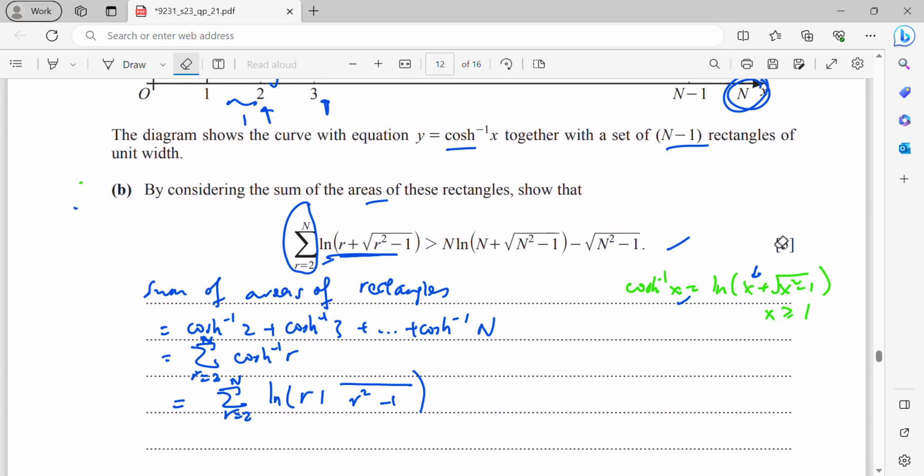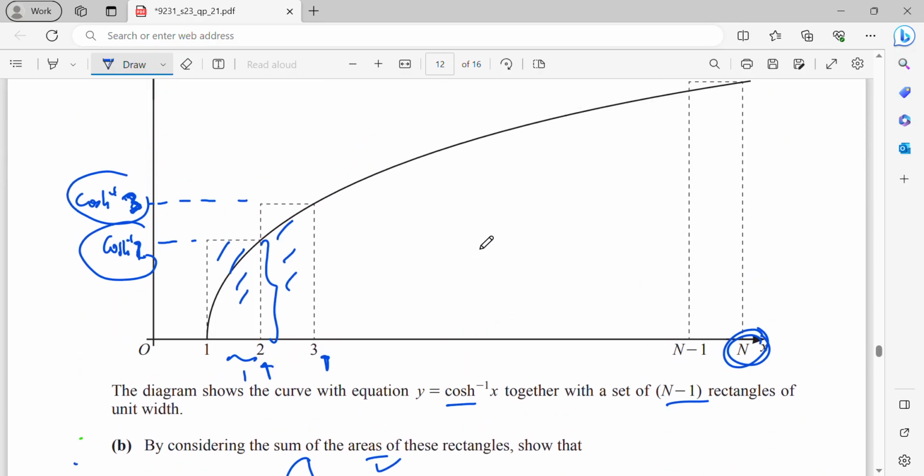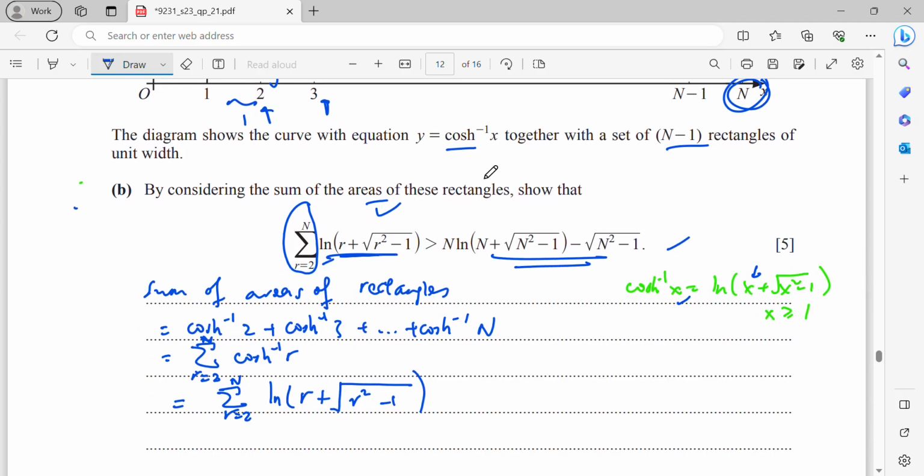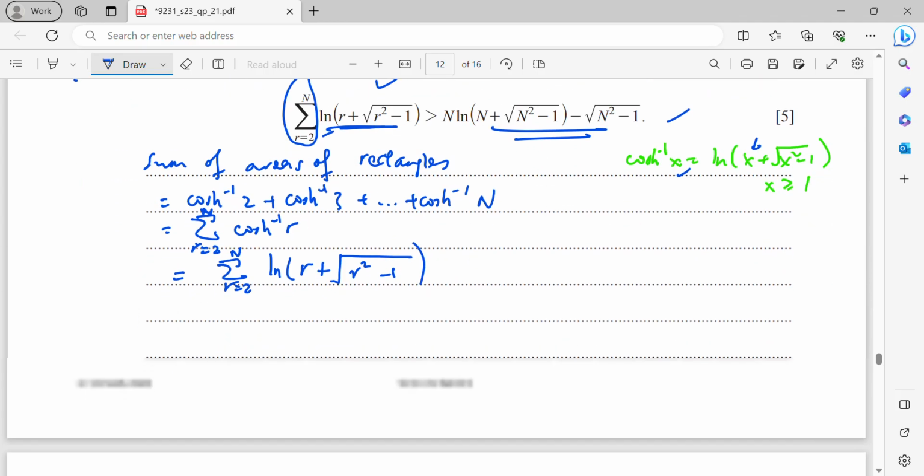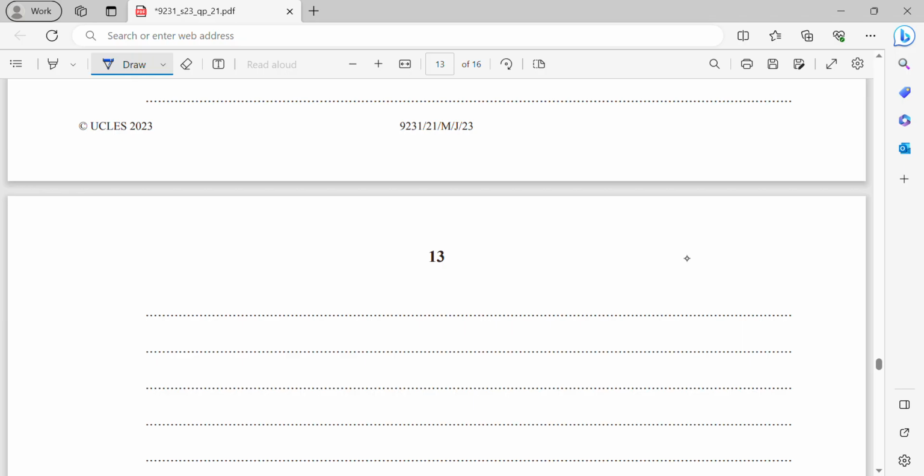Alright, so done for the first part. Now for this part, I just need to integrate because it is area under the curve. So integrate inverse cosh x. The area under the curve equals the integral of inverse cosh x from 1 to n.